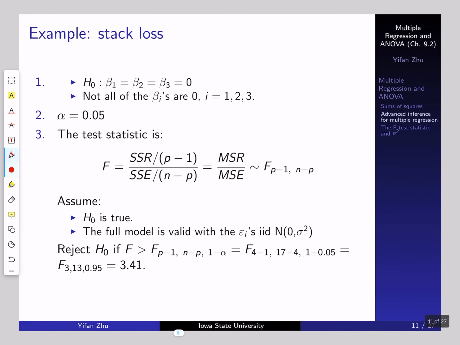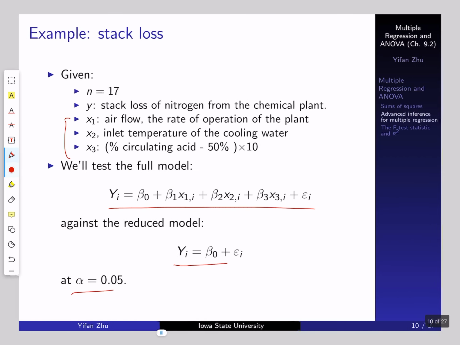And the test is whether these three parameters are all equal to 0. When they are all equal to 0, that means we use the reduced model.